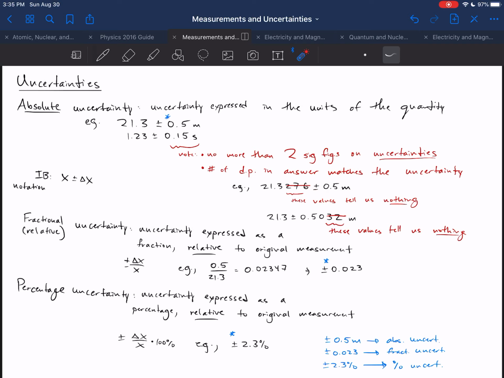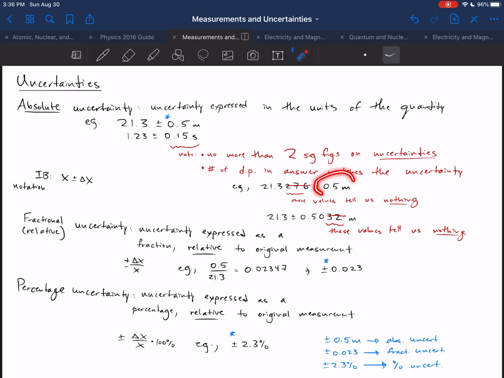So what I need to do is figure out what my uncertainty is, and then use the last digit of the uncertainty right here. That should also be the precision to which I write this particular value. So if this is 0.5 meters, notice that the last value that I record in my actual measurement is 0.3, because it's the final digit or significant figure that tells me something.